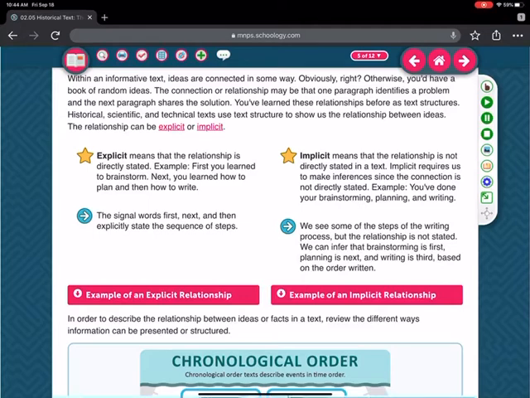So that means they mention it very clearly in the story, okay? In a historical text, something that's going to let you know that this is a fact and it's directly stated are the signal words first, then, next, okay? Those are sequence of steps.